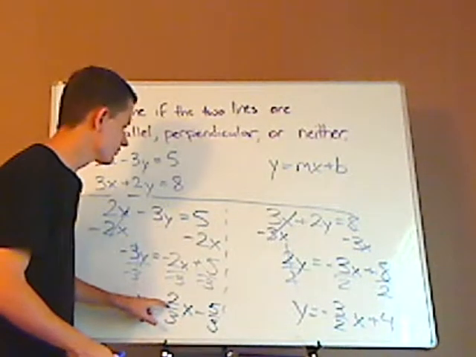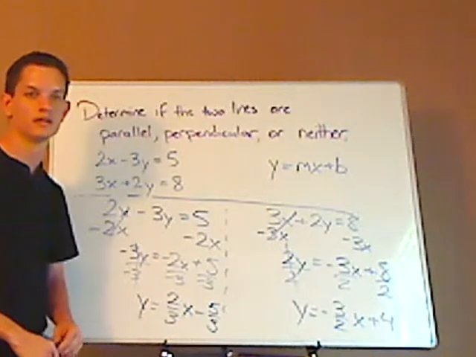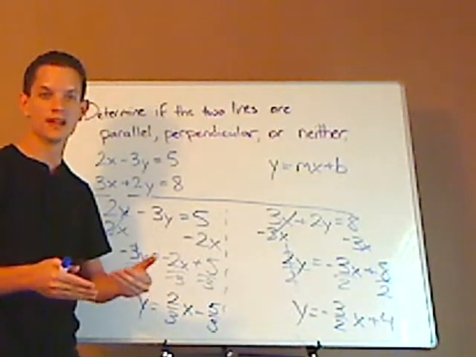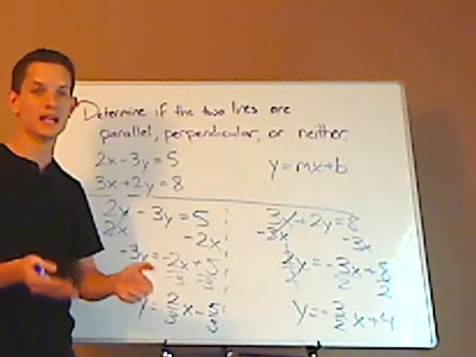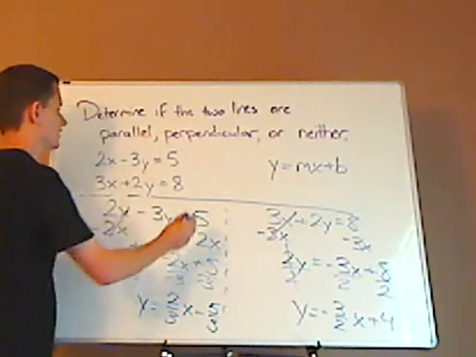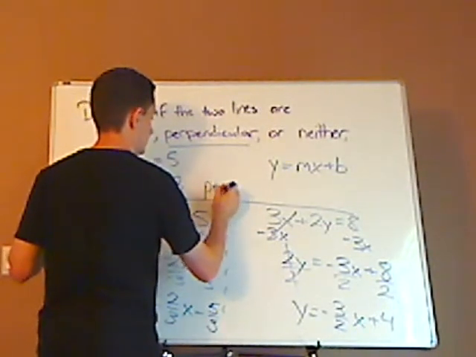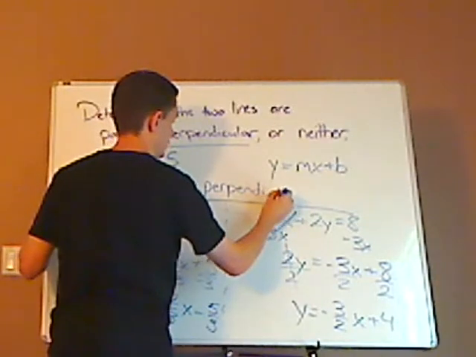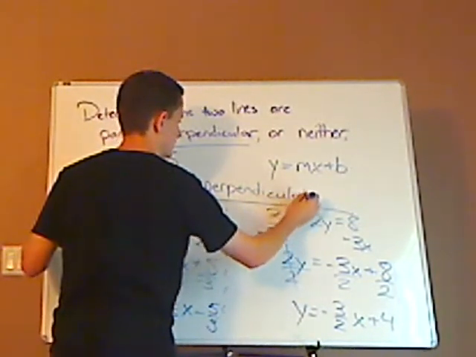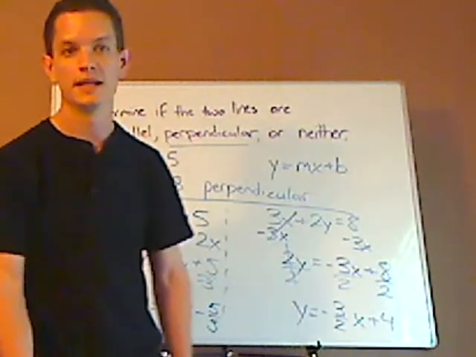Also, if I multiply 2/3 times negative 3/2, the 3's and the 2's cancel out, and that leaves me with 1 times -1, which is -1. So that tells me that these would be perpendicular, that they intersect at a 90-degree angle. And that's it.